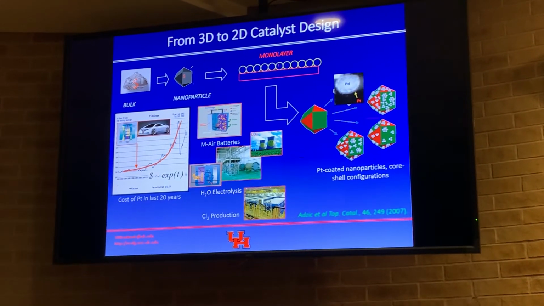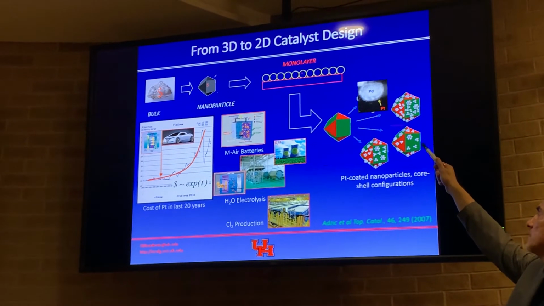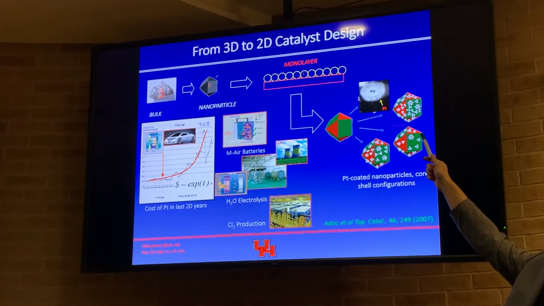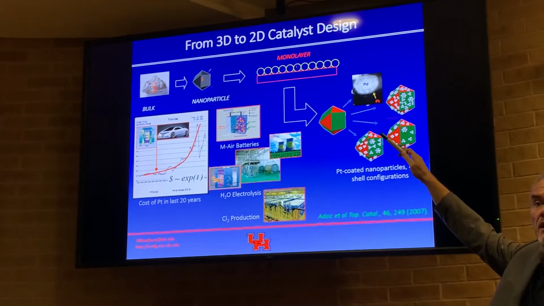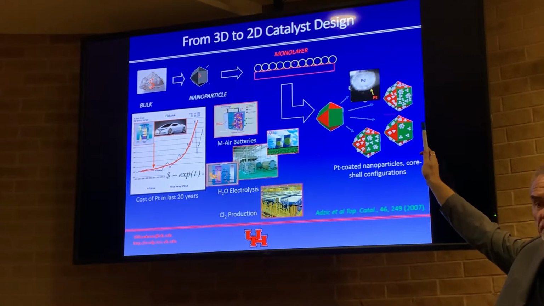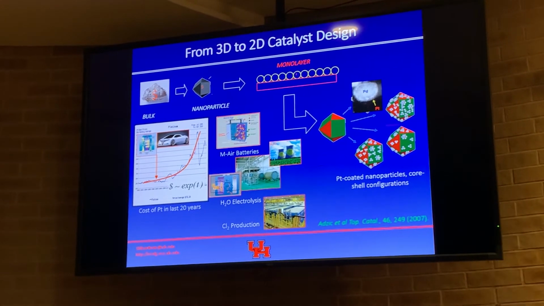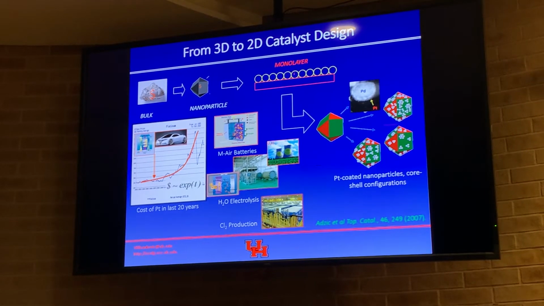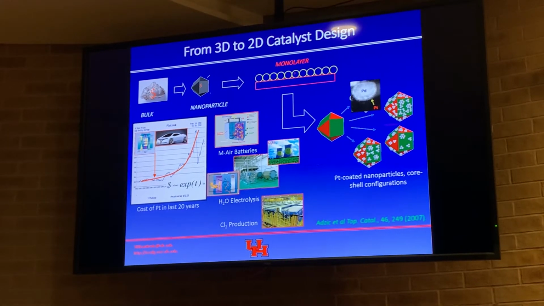But the idea is that if we can go to monolayer configuration, you can see here, for example, we can generate catalyst material where you have only one layer of platinum on palladium, which is the best oxygen reduction catalyst to date. There's no more active one. And the reason is that there's a synergy between electronic effects, stress, strain effect, and so on. And so basically, monolayers could be tuned in terms of their catalytic activity.